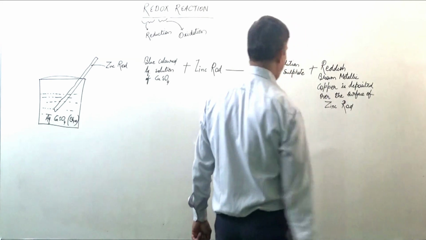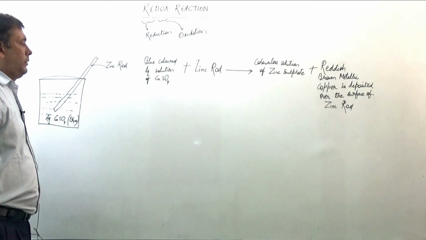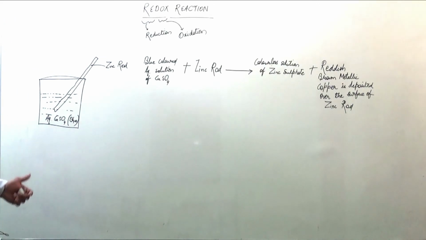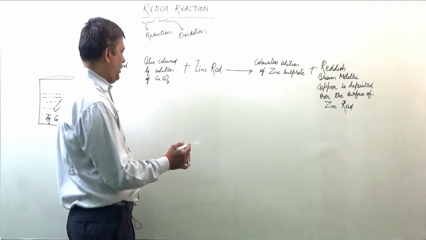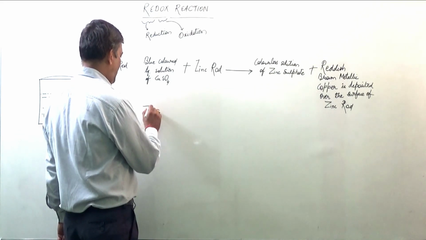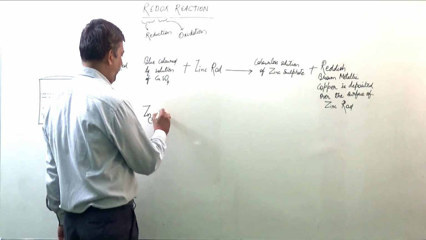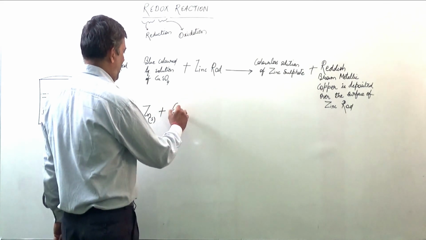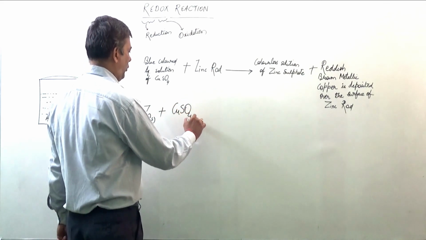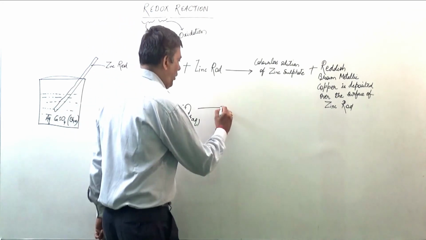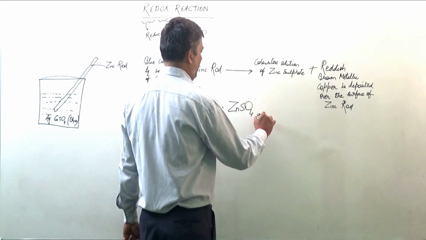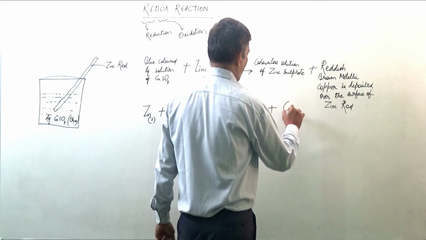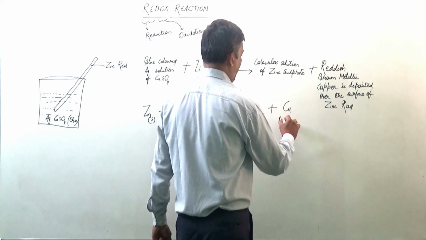So two observations were drawn from this experiment, and this experiment could be briefly written in the form of a chemical equation. Zinc rod in the solid form reacts with copper sulfate aqueous solution and forms zinc sulfate aqueous solution plus copper. The copper is metallic, reddish brown in color.